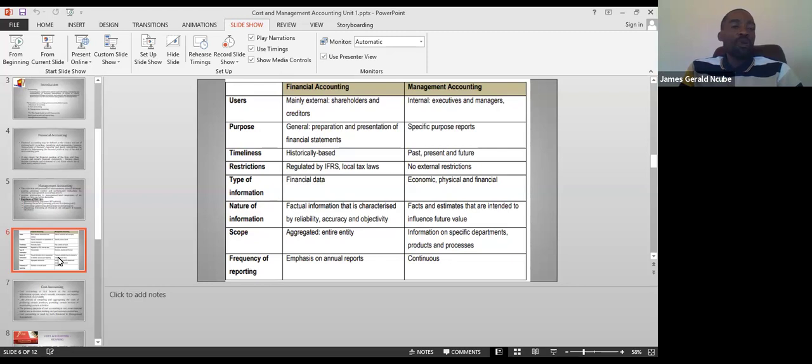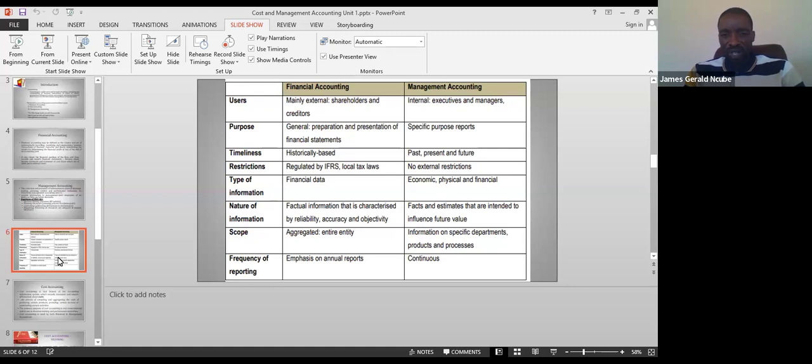Another point concerns purpose. The purpose of financial accounting tends to be more general. It is general because we're looking at preparation and presentation of financial statements. The ones that we're talking about, financial statements, we're talking about income statements, balance sheets, statements of cash flow.